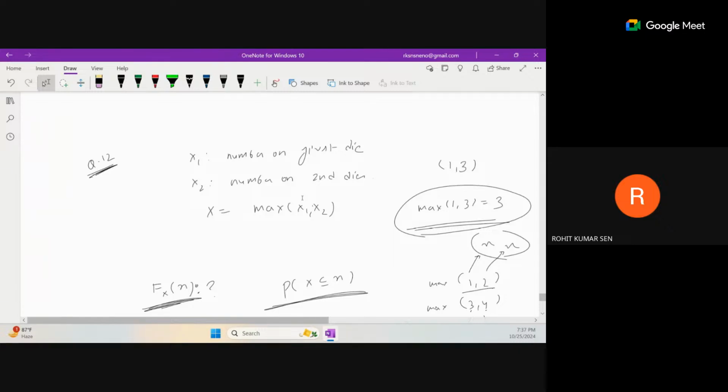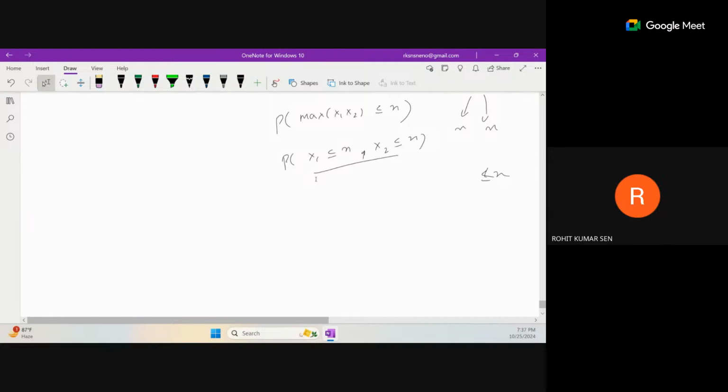So I will use the independence property here. This will be equal to the joint, which is equal to the product of marginals.